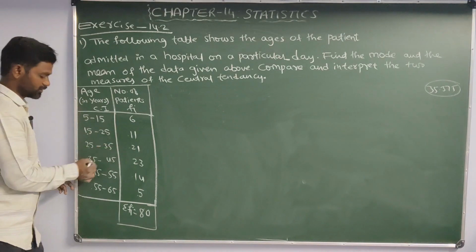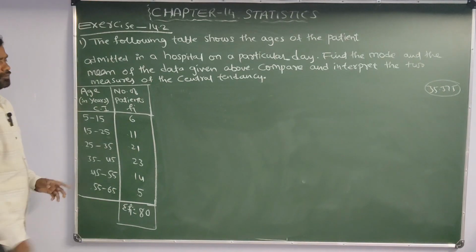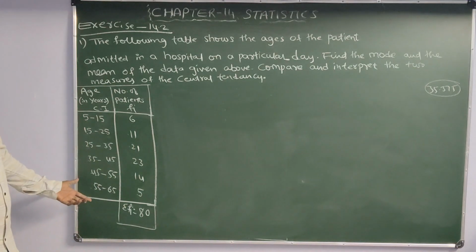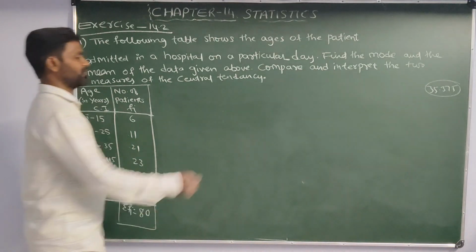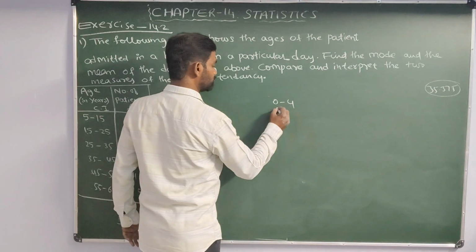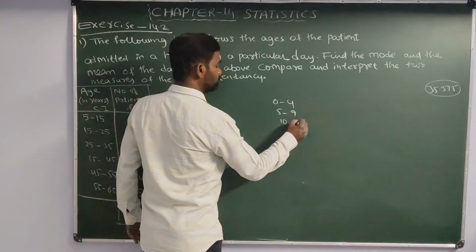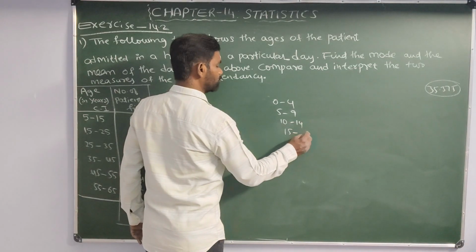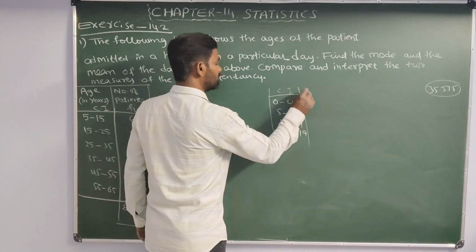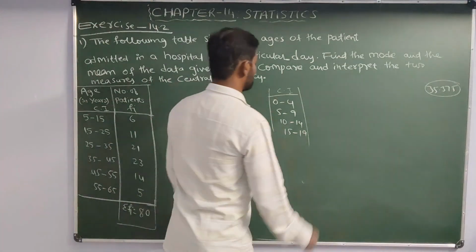25, 25, 35, 35, 45, 45, 55, 55, 65. It is 65. Next we will get 65 only. So this type of class intervals are called continuous class intervals. For example, if the class intervals are like this: 0 to 4, then 5 to 9, 10 to 14, 15 to 19, then these class intervals are called discontinuous class intervals.